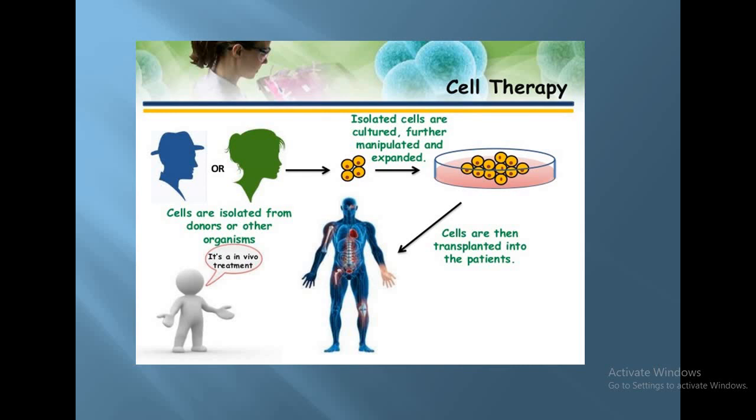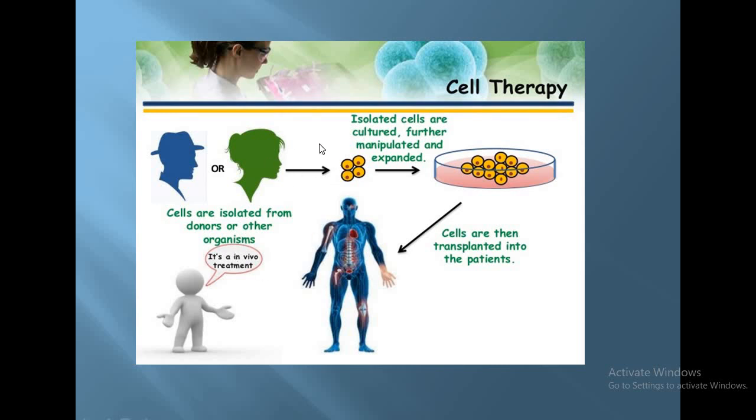So now we can understand cell therapy in regenerative medicine. Here you can understand it is an in vivo treatment. In this process, cells are isolated from a donor or other organism.